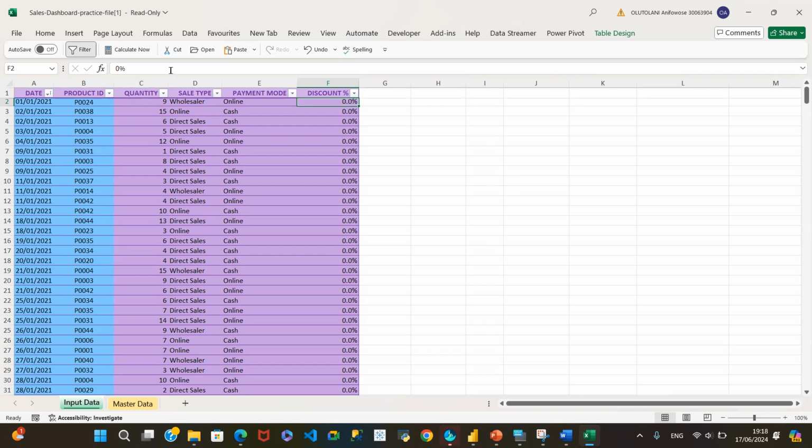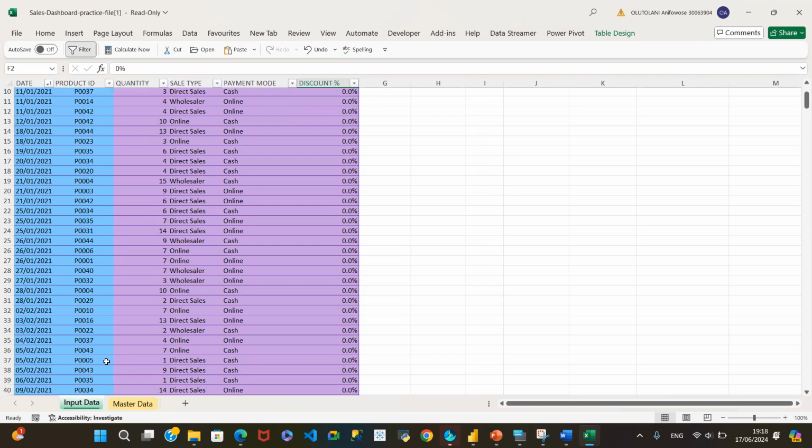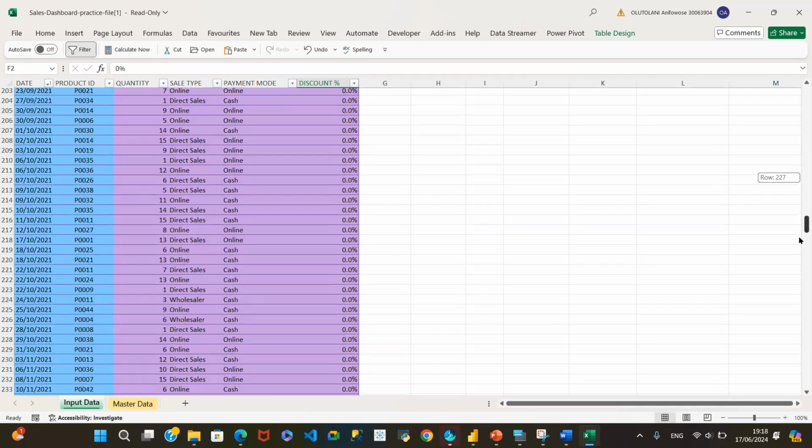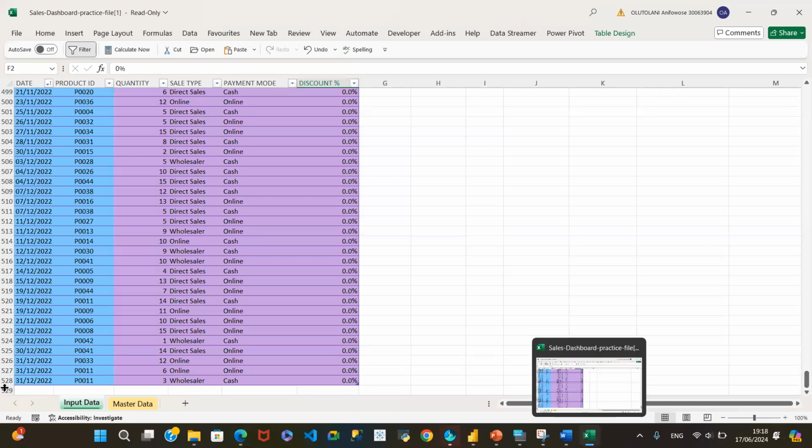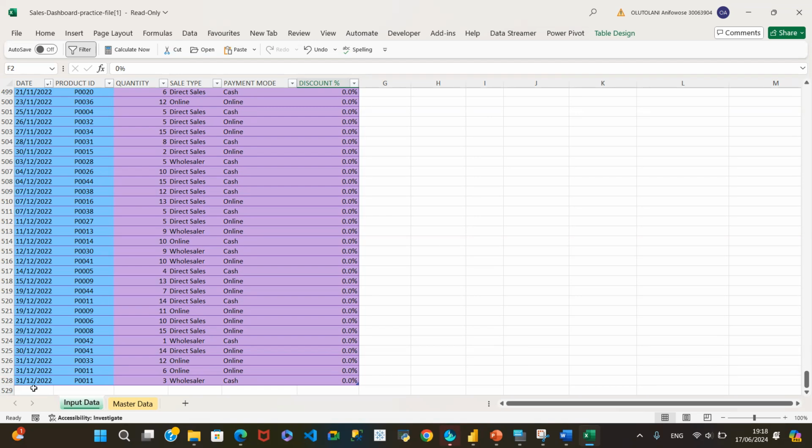Now, these ones called it input data because this is where they input their data every time a transaction has happened. The last they input on this is 31st of December 2022. So if another sale comes in, it gets recorded on the next row.